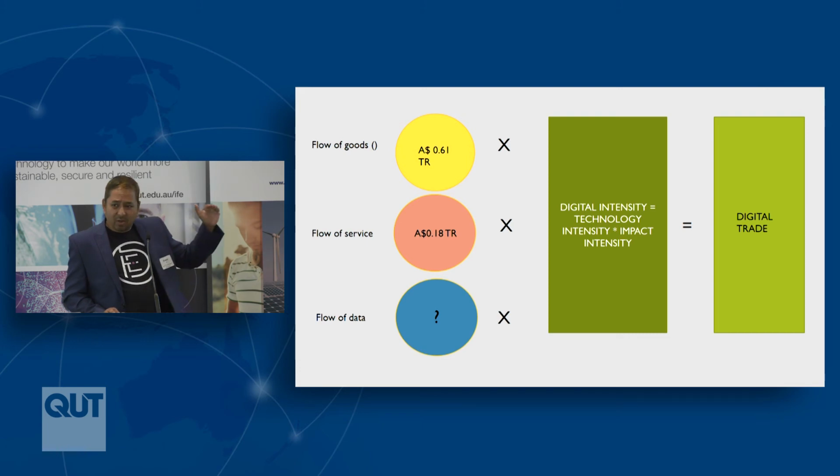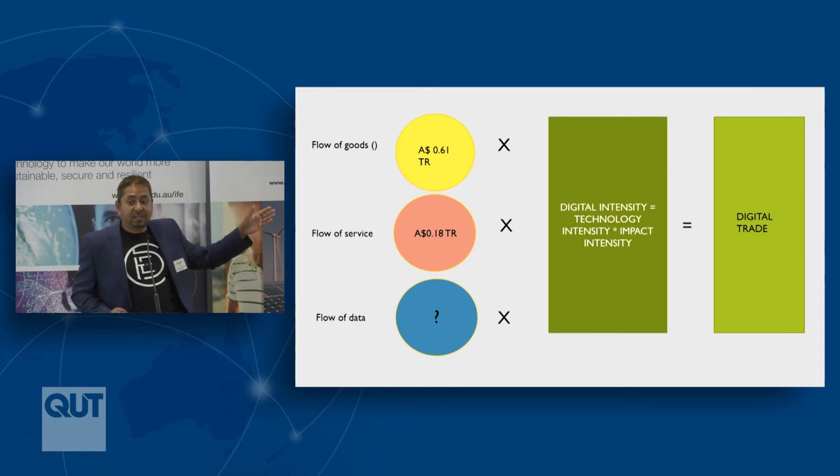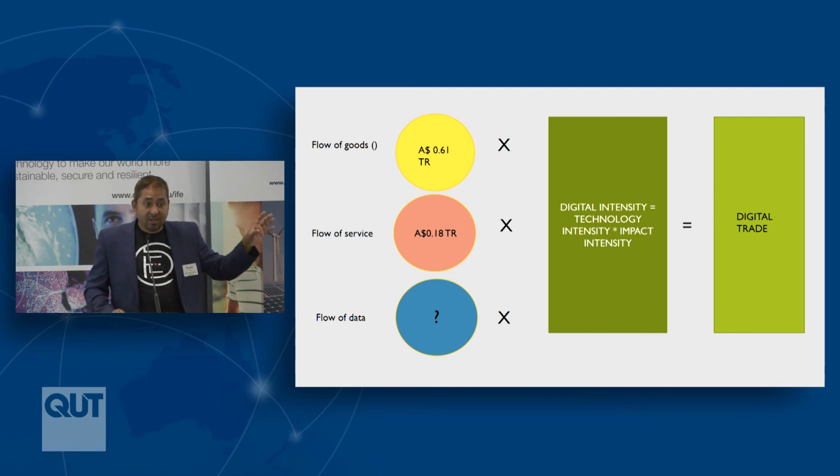So this is an ad hoc framework we are developing at this moment, and we are trying to come up with a number that actually says, okay, this is how much. But it could be the flow of data. Some statistics show that the flow of the value addition from the data could be actually 5 times larger than the flow of goods and services for an economy.